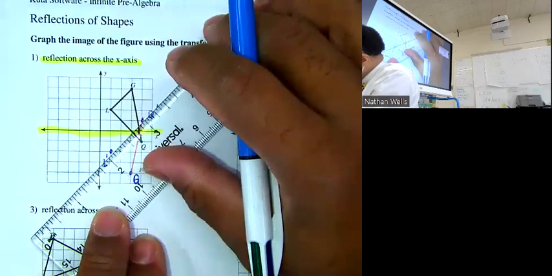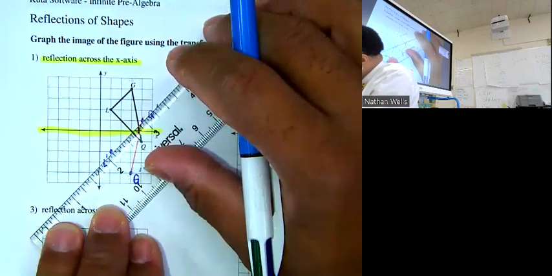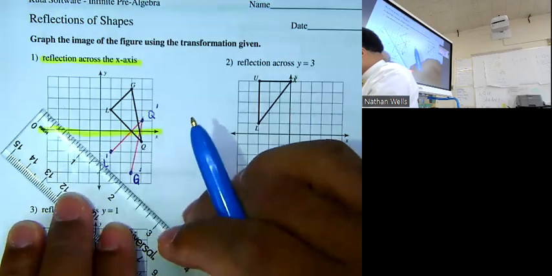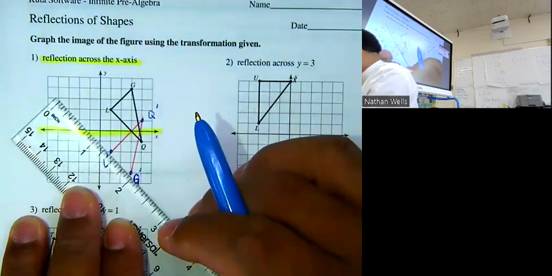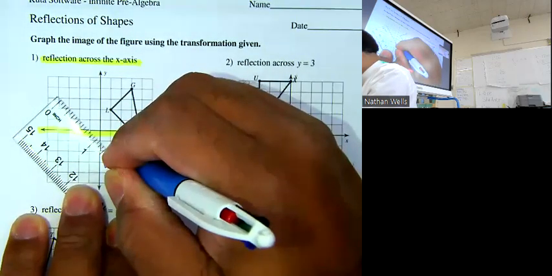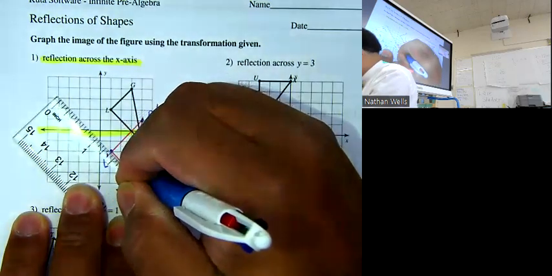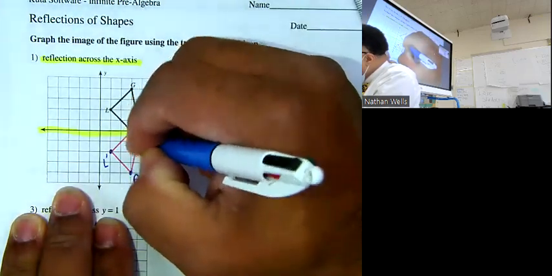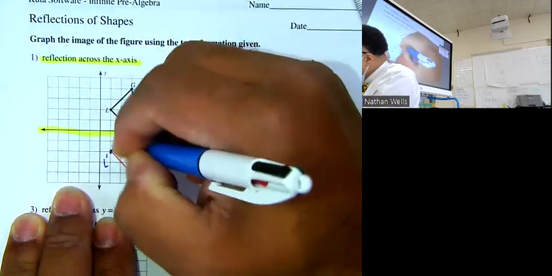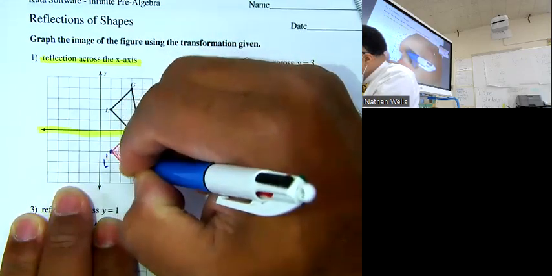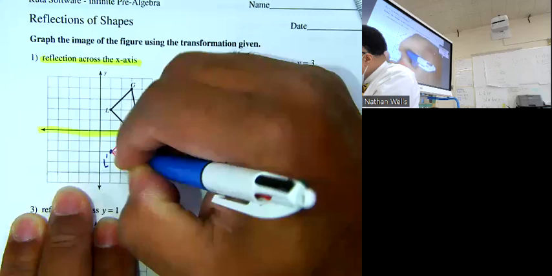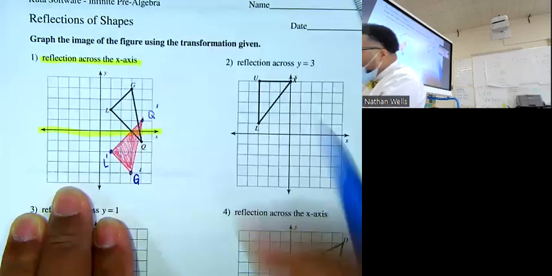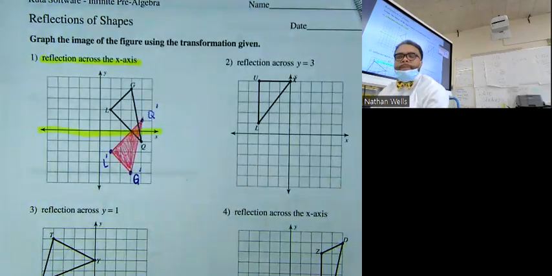Q is also connected to L. And then L is connected to G. There goes my reflected triangle over the x-axis. This is what your answer would look like.